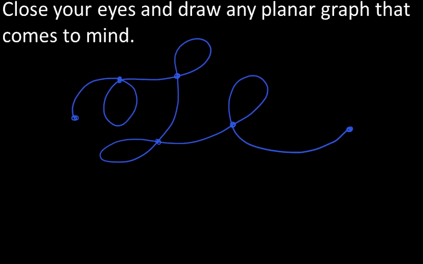And let's see, I'll use a different color and label my regions. I got a region there, I enclosed a region there, I enclosed another region, and another region. And if you consider the entire plane, this graph also determines the region outside of it. So that would be region 5. And let's count.